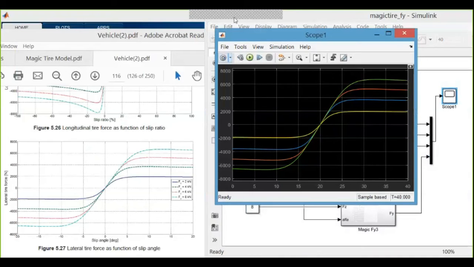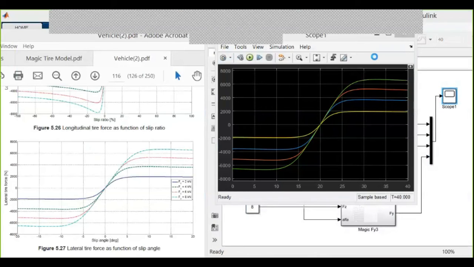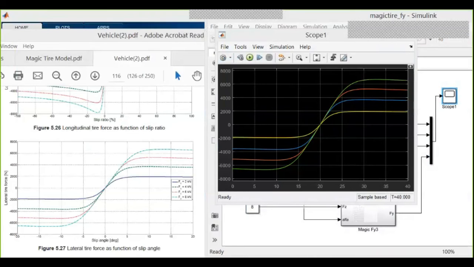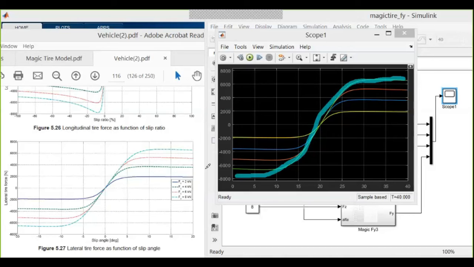From this result, you can see that we can get the same pattern. For example, the green line here, this shape, the green line is equal to Fz 8 kilonewton. And the red line here, not this one, I think this is the green line.